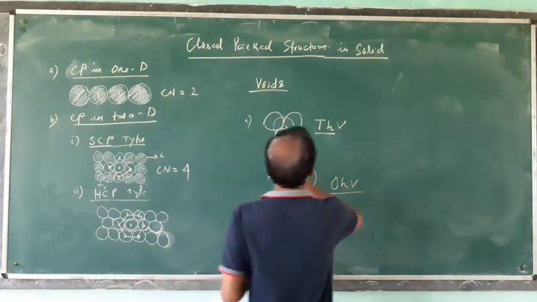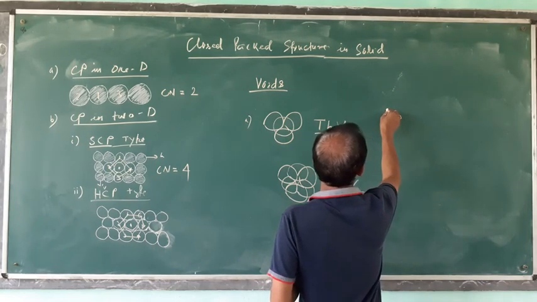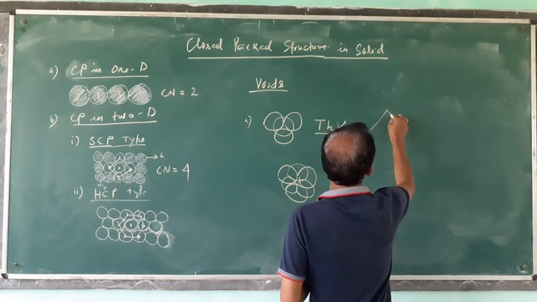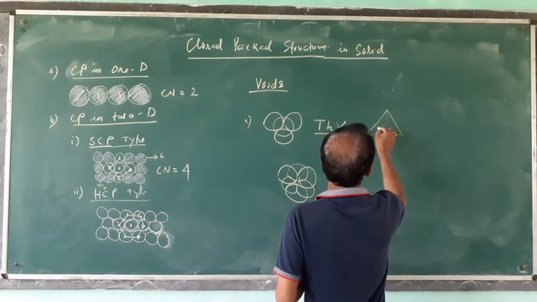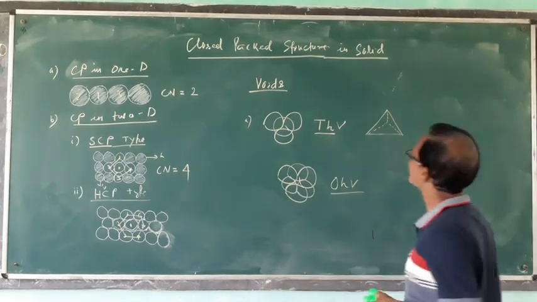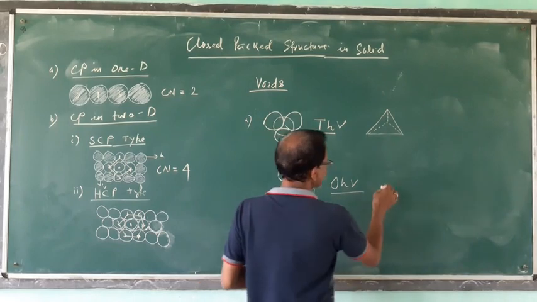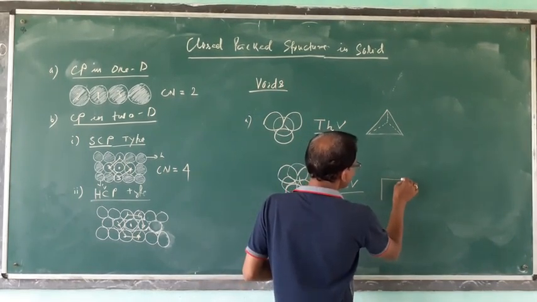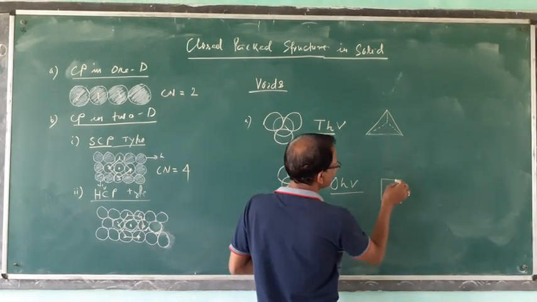And the shape of a tetrahedral void will be just like a tetrahedron. Imagine a 3D diagram. And an octahedral void will be just like an octahedron.